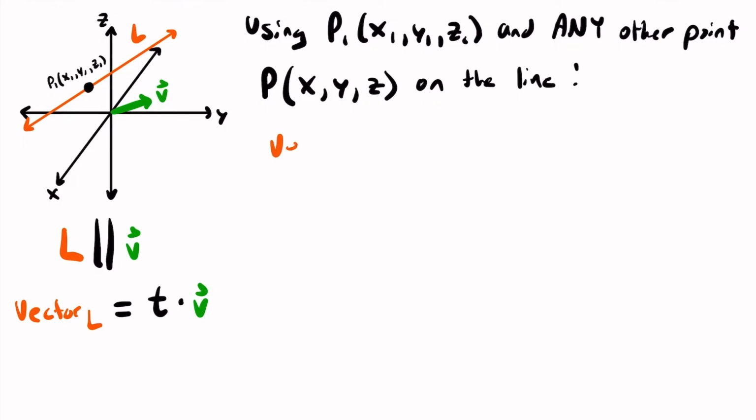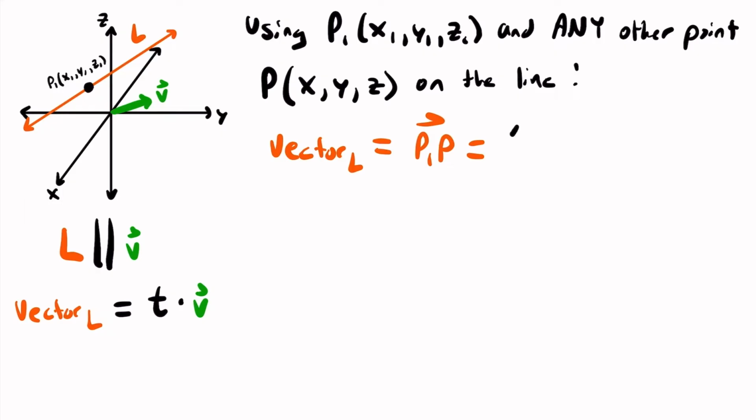All right, so we're going to define that vector sub L to be equal to the vector P1P, the vector that starts at point P1 and ends at point P. And then we could actually find the components of that vector using the coordinates of point P1 and point P. We can subtract the coordinates of the initial point P1 from the coordinates of the terminal point P. And so we would have x minus x1 for the x component, then y minus y1 for the y component, and then z minus z1 for the z component.